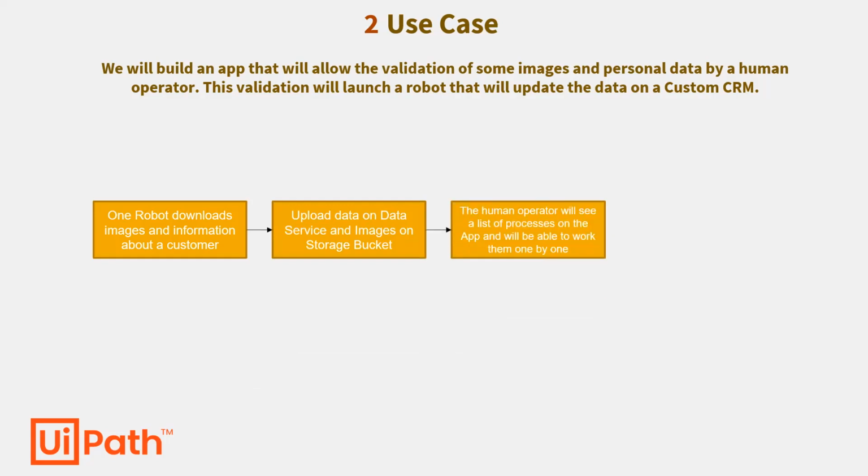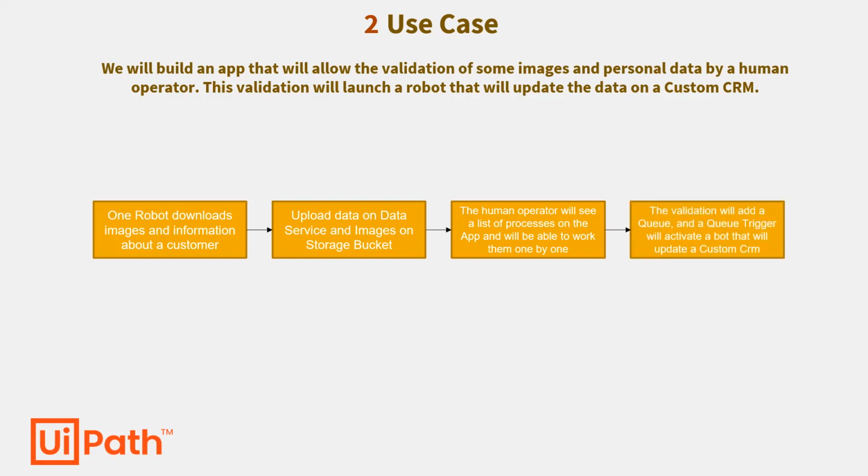The UiPath App runs here. So the app will help our human operator to validate what the robot scraped from the internet. We will see some information on the left, mostly similar to Action Center, but it doesn't need, of course, Document Understanding.